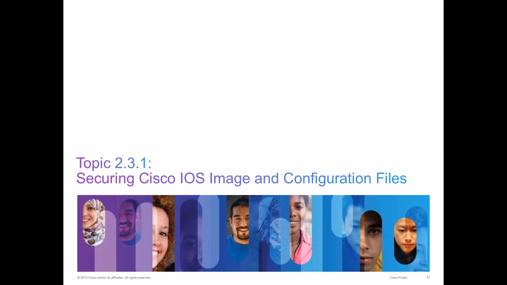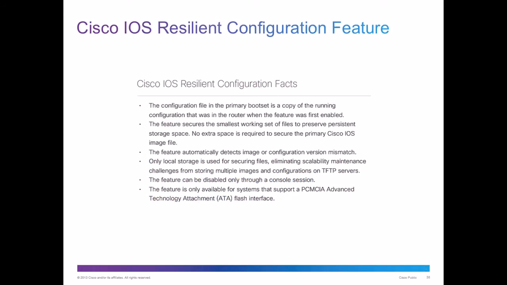Let's take a look at the image and configuration file resilient configuration. The configuration file in the primary boot set is a copy of the running configuration file that was in the router when the feature was first enabled.